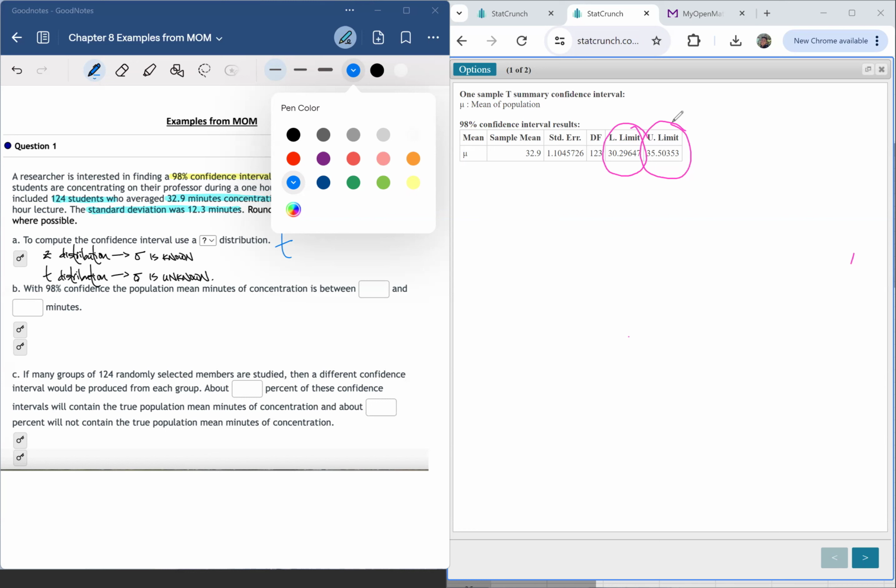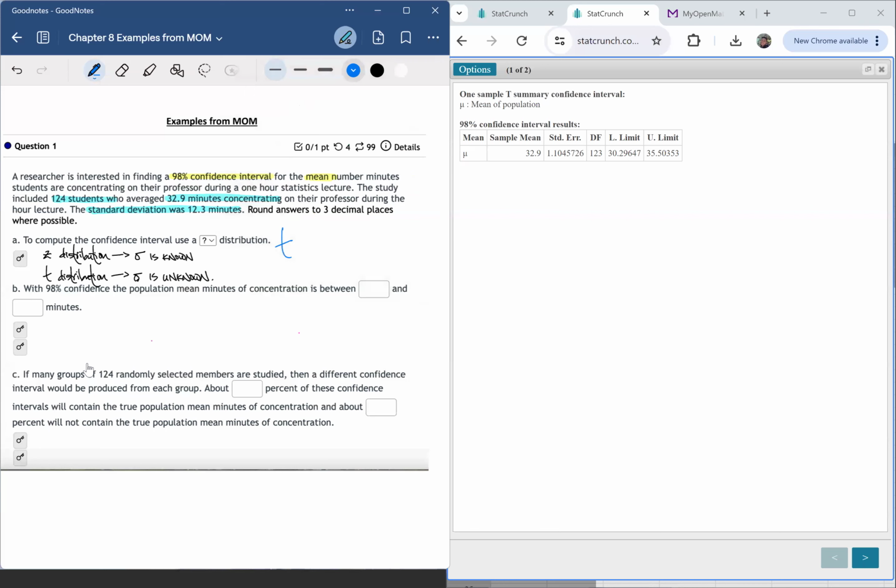Okay. And so let me get rid of these drawings for a moment. And I'm going to come back to my page where I had the numbers so I can write them down. But we said that with 98% confidence the population mean minutes of concentration is between 30.296 and 35.504 minutes.